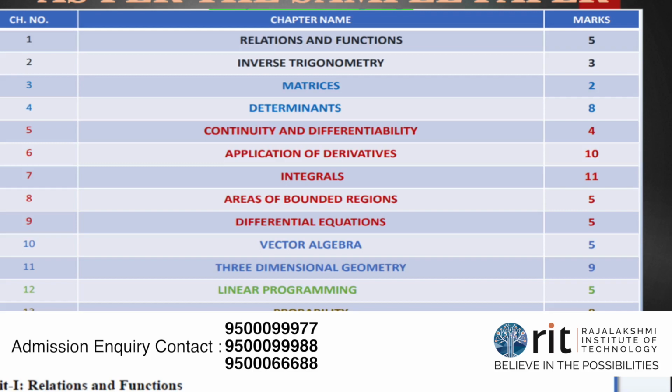Continuity and differentiability, chapter number 5, exercise 5.1 and 5.2 carries 4 marks. Application of derivative, 10 marks, means chapter number 6, tangent and normal is not coming, you all know. Rolle's and Lagrange's theorem is not coming, you all know. Areas of bounded region, that is a very debatable topic. That we will discuss.